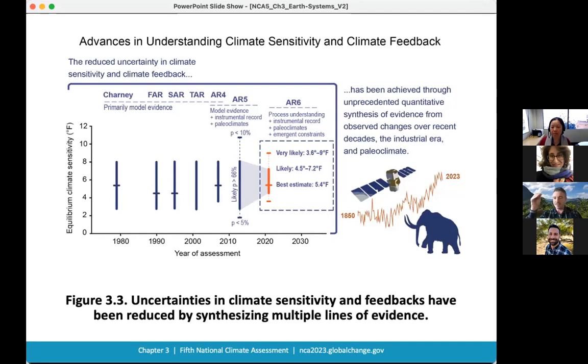And then you relate that to some metric of the climate system and observations. You sort of synthesize all that information to get a better understanding of how the Earth system is probably going to respond to this change in greenhouse gas concentrations. You take all those lines of evidence, and we've really been able to narrow that range of sensitivity.